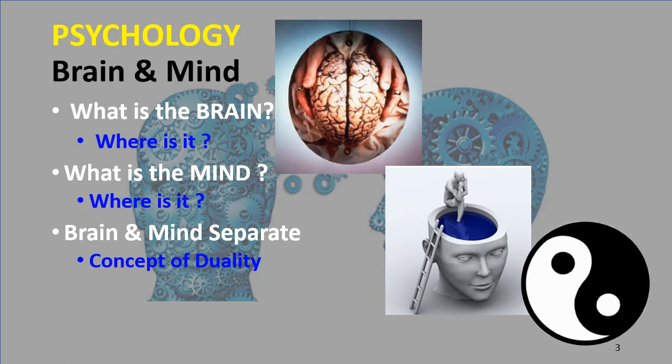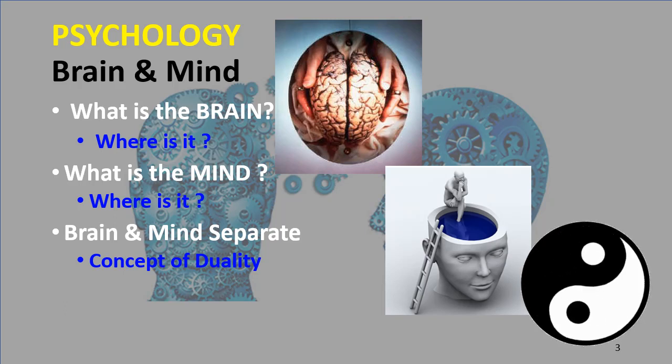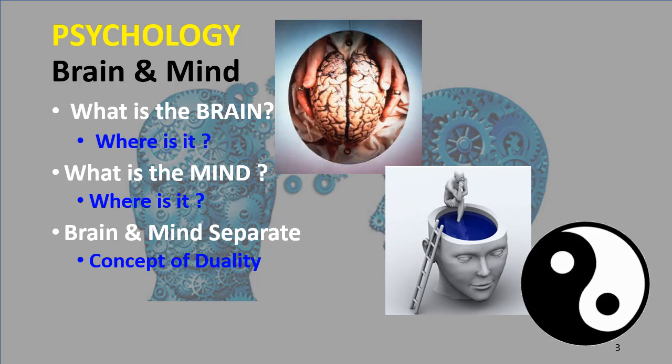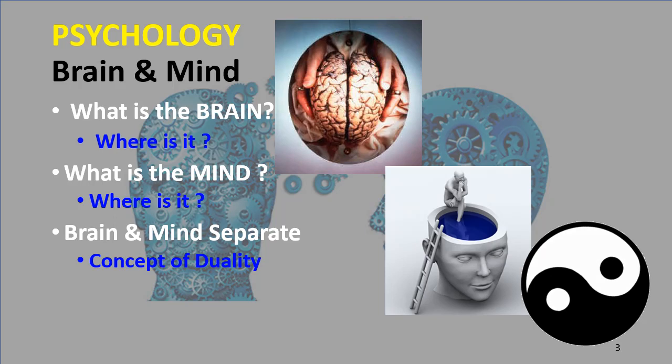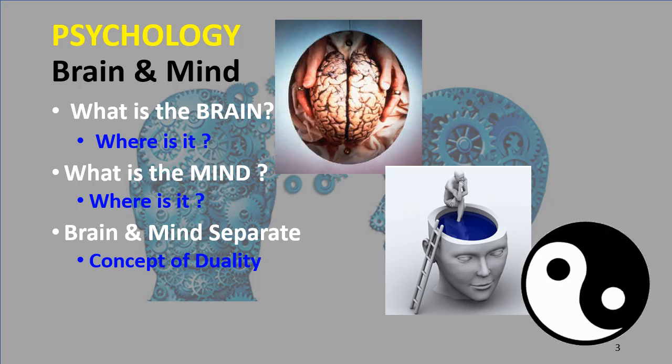Now, I could get into a long philosophical discussion about it, but in this course, let's just say the brain and the mind are separate. There's this concept of duality, like the yin and yang on the right-hand side of the PowerPoint. The brain and the mind are separate, but they work very closely with each other.